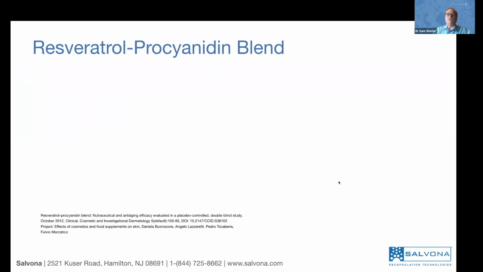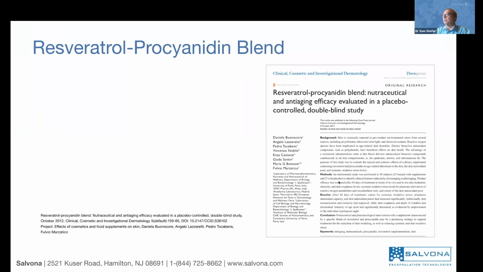We always look for more than one ingredient, and we're looking for the combination. And here I want to show you a paper reporting the use of a combination of resveratrol and procyanidin as an anti-aging material. And this is probably the basis for our technology development.